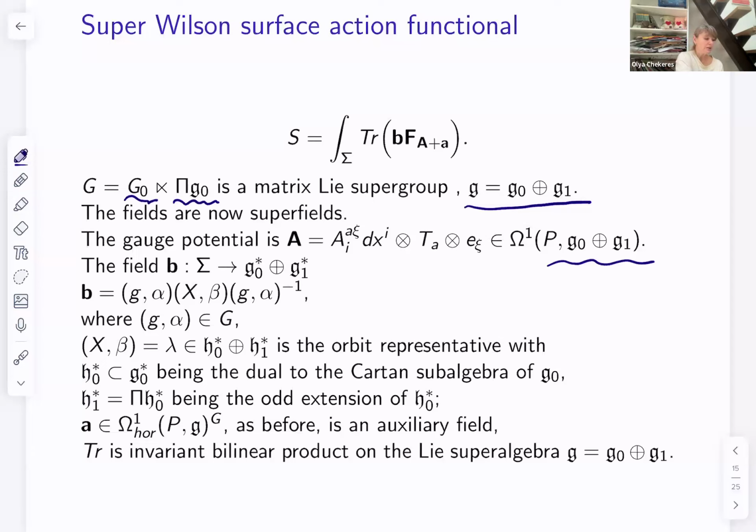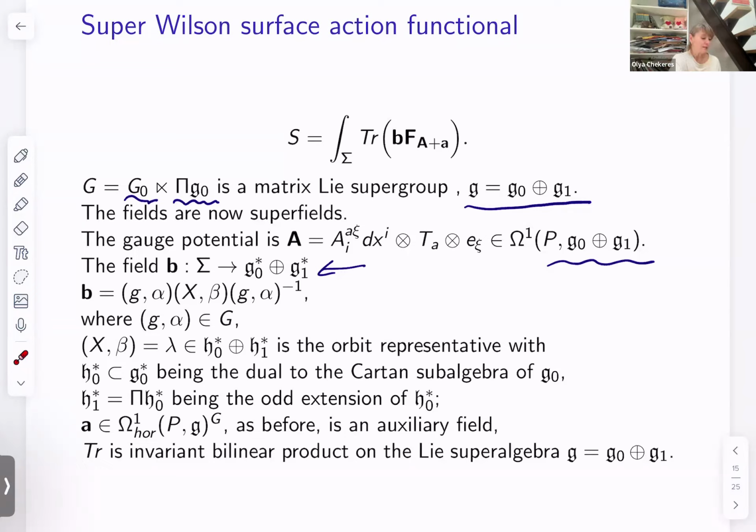And here we just take the odd part of the algebra, G1, to be the even algebra G0 with shifted parity.